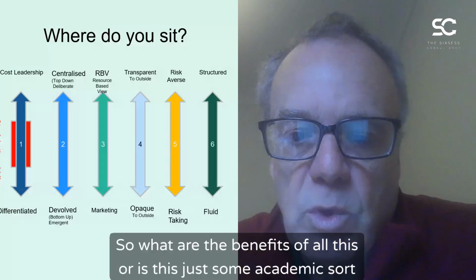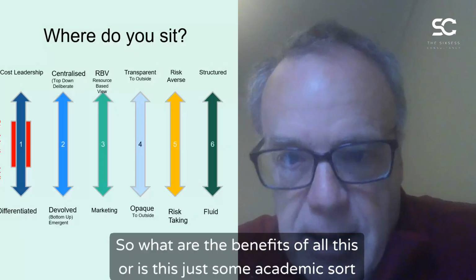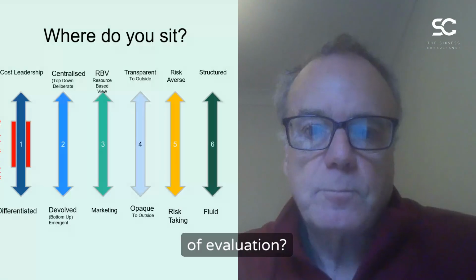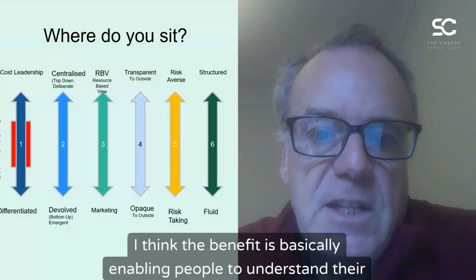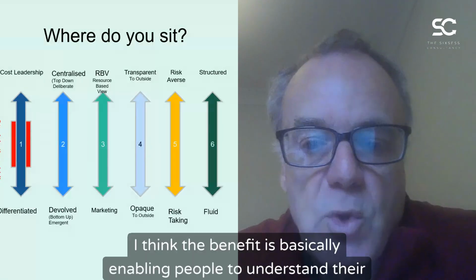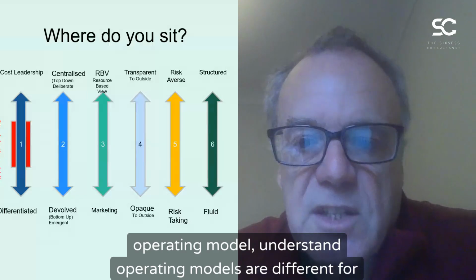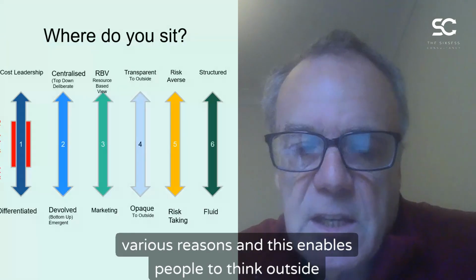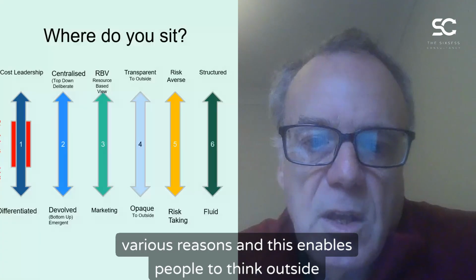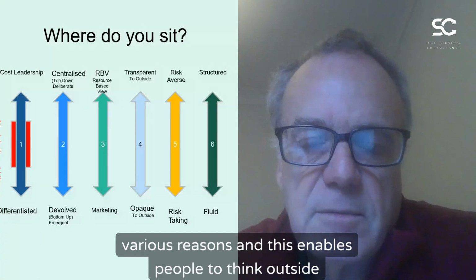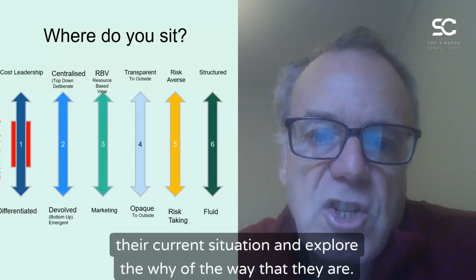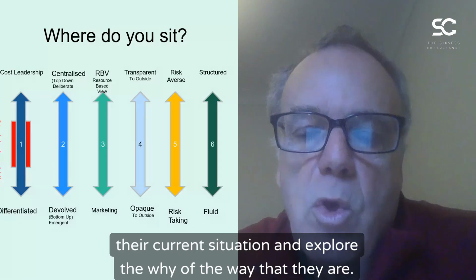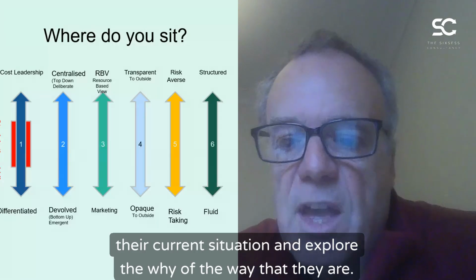So what are the benefits of all this, or is this just some academic sort of evaluation? I think the benefit is basically it's enabling people to understand their operating model, understand that operating models are different for various reasons. And this enables people to think outside their current situation and explore the why of the way that they are.